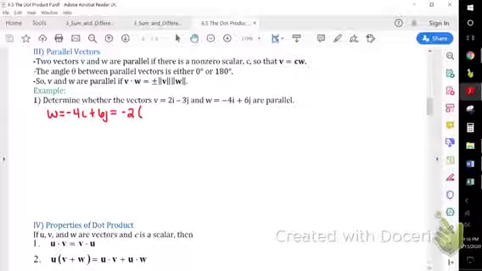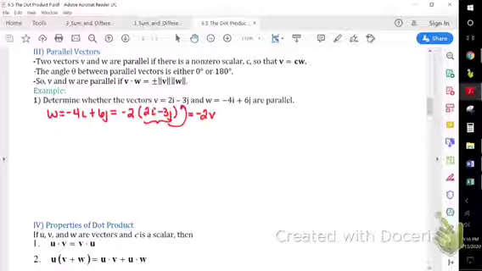If I factor out that negative 2, I'm left with 2i minus 3j. But wait, that's vector v, isn't it? So w is equal to negative 2 times vector v, which tells us by the definition above, since w is equal to a scalar times v, that they're going to be parallel.